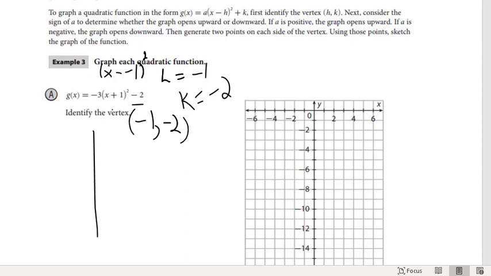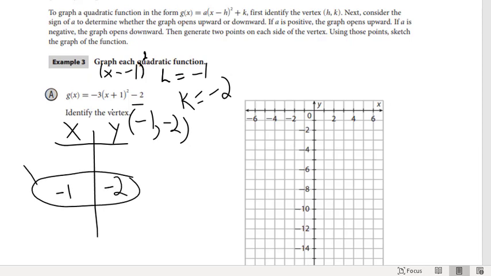H is the x value, k is the y value. All right, so I'm going to put my vertex, negative 1, negative 2, right in the center here. And I'm going to do 2 points on either side. So negative 1, if we go backwards, negative 2, negative 3, and go the other way, 0 and 1.